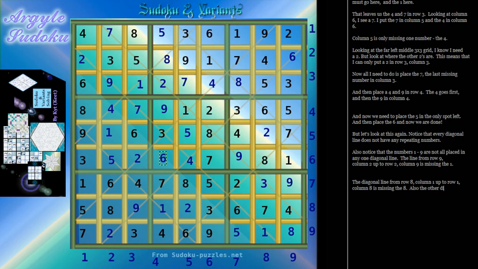Also, the other diagonal line from column 1, row 2, down to row 9, column 8 is also missing the 8.